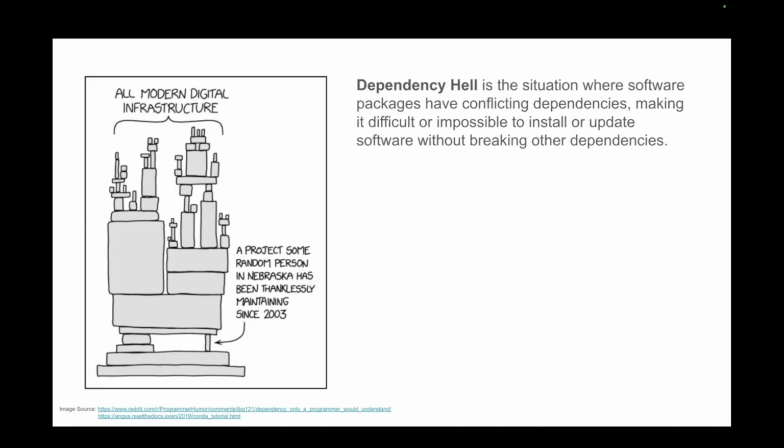For example, you install two programs, A and B, and A relies on Python 3.10, and B says, oh, now we upgrade to Python 3.11. If you just upgrade your Python to 3.11, then your program A might just break.